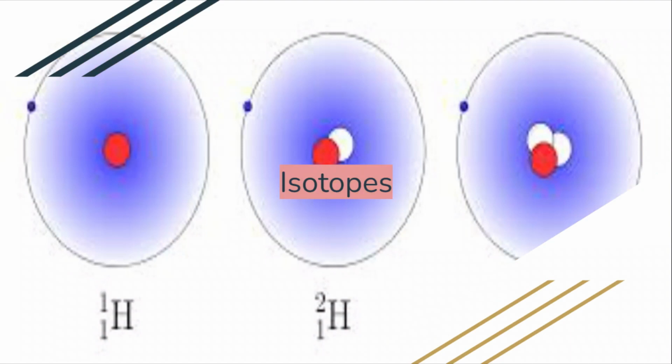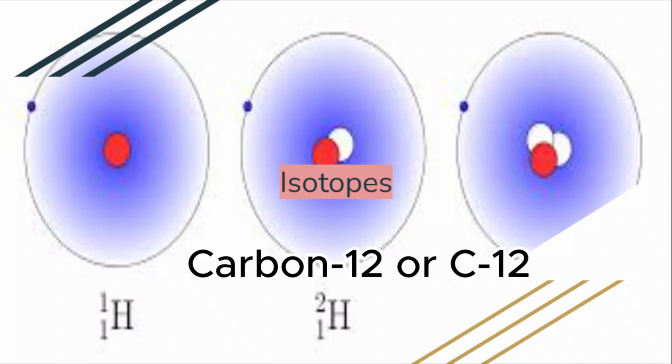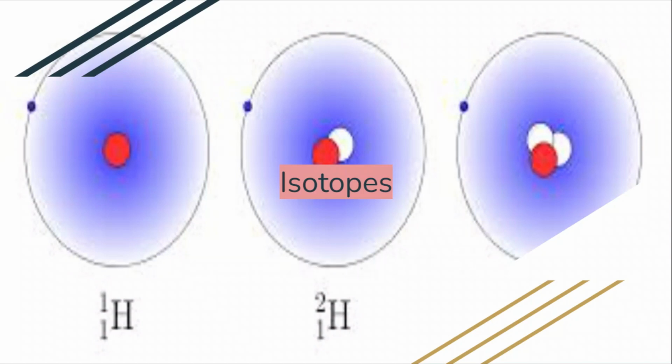Now on to isotopes. Isotopes are atoms of the same element with the same number of protons and electrons, but a different number of neutrons. The symbol for an isotope is the chemical symbol or name followed by a dash, then the mass number.